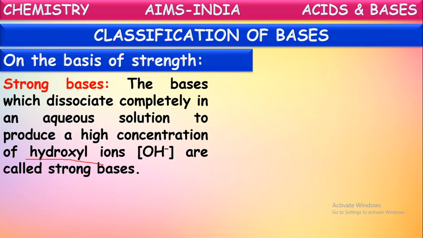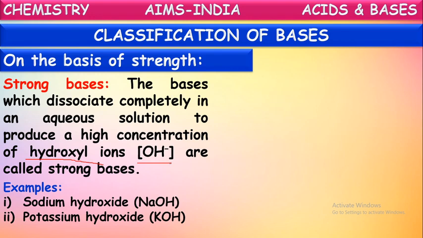When this base is dissolved into water, its molecules separate into positive metal ions and OH minus ions. These OH minus ions are called hydroxyl ions. So the base which completely ionizes to produce more OH ions is called a strong base. For example, sodium hydroxide and potassium hydroxide produce more OH minus ions.